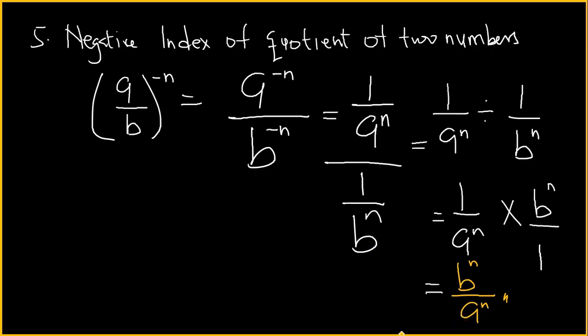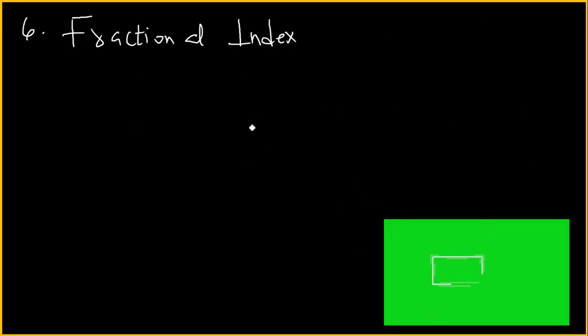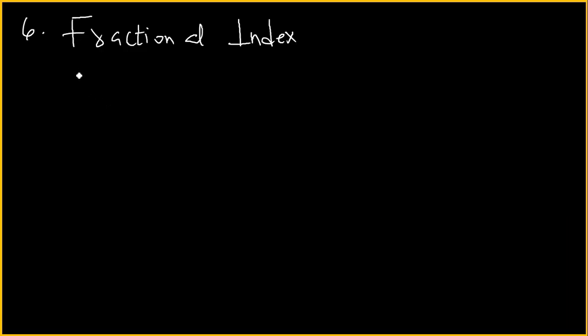Next property, fractional index. Any number raised to the power of a fraction as an index would be rewritten. So we have a raised to the power half as the index. This can be written as square root of a.